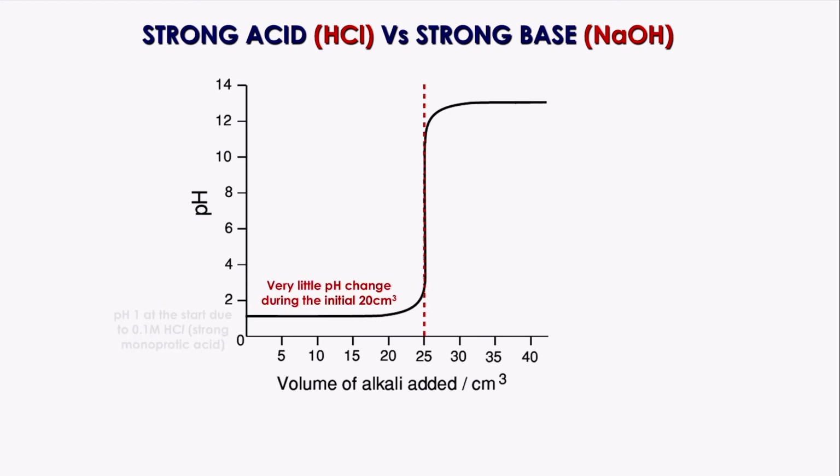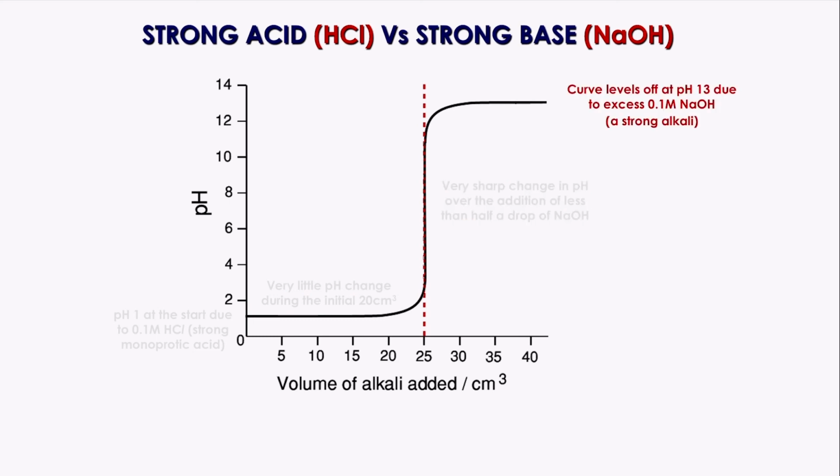Very little pH change after adding some base during the initial 20 cubic centimeter. There is a very sharp change in the pH over the addition of less than half a drop of NaOH. Then the curve levels off at pH 13 due to excess 0.1.